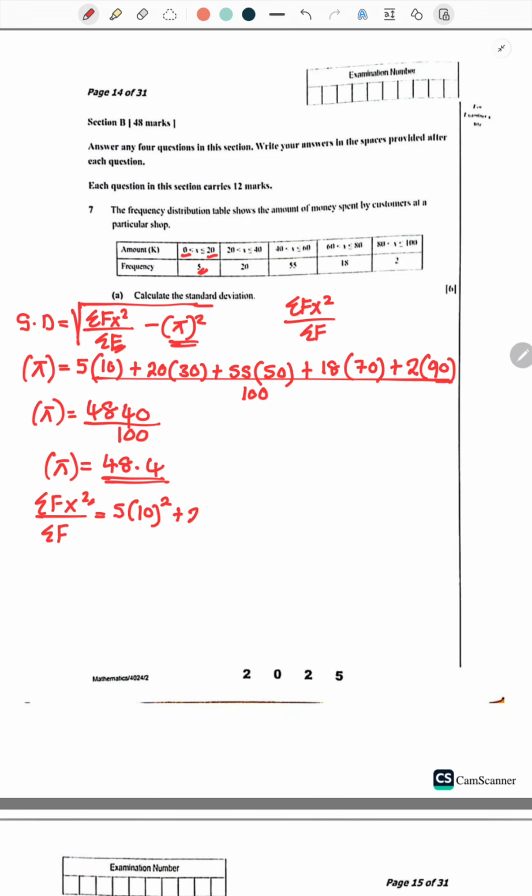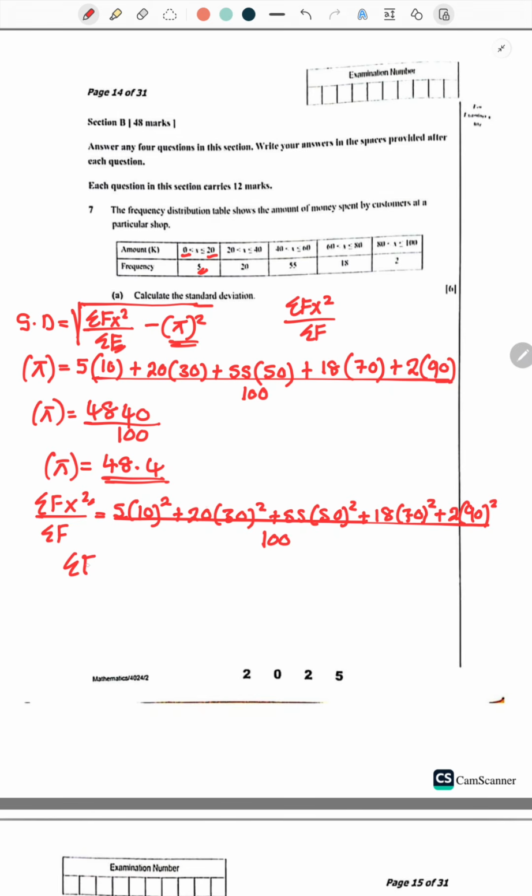So the same thing I'll repeat, but with a power 2: 50 power 2, plus 18, 70 power 2, plus 2, then 90 power 2. Then everything will be divided by 100.